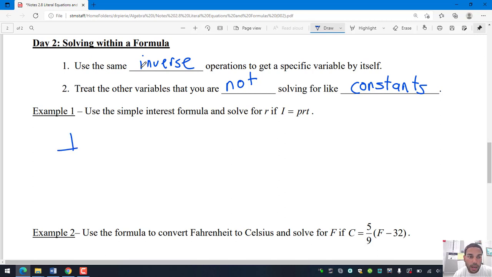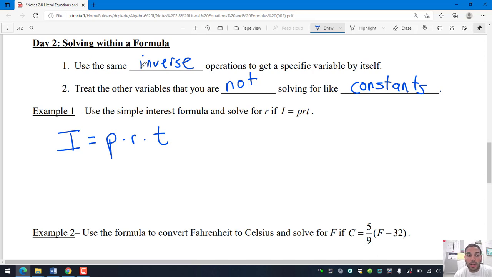So let's write that out. I is equal to P times R times T. And my goal here is to get R all by itself. So I'm going to treat P and T that are right next to it just like they're numbers. So how do I get rid of multiplying by P?